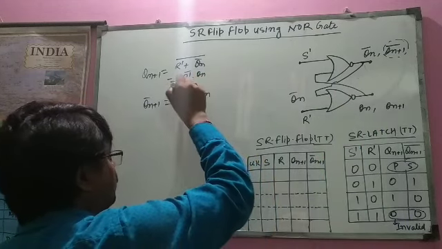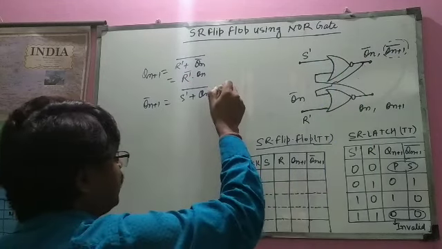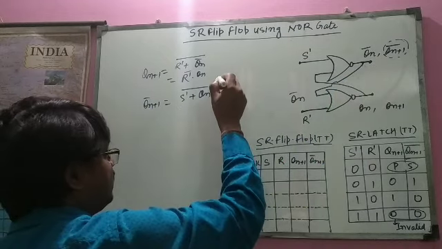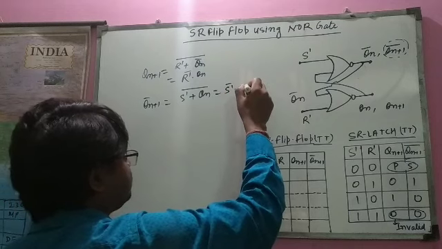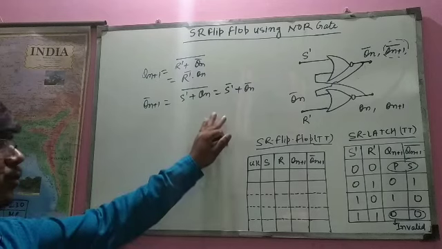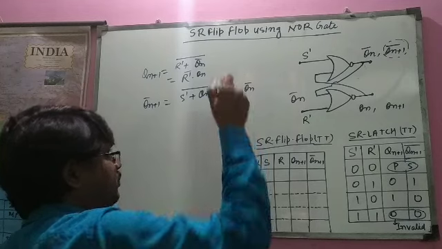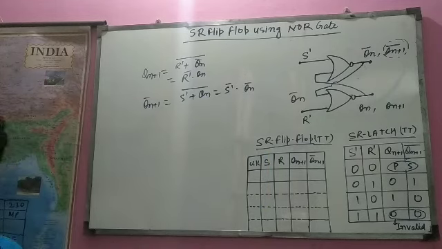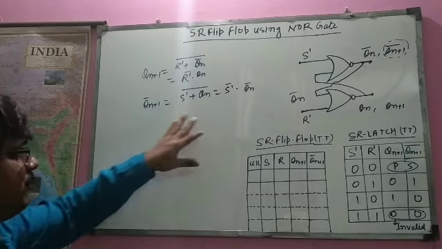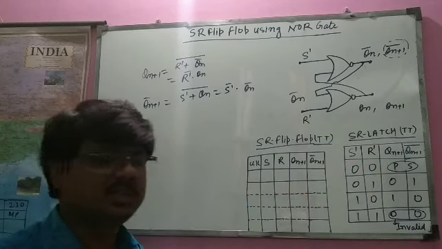It is the input of a NOR gate. So this output Qn plus 1 bar will look like S dash plus Qn, the whole bar. Sorry, we have used De Morgan's law now, that's why it will be the multiplication: S dash bar into Qn bar. By using this formula we have calculated the SR latch truth table.